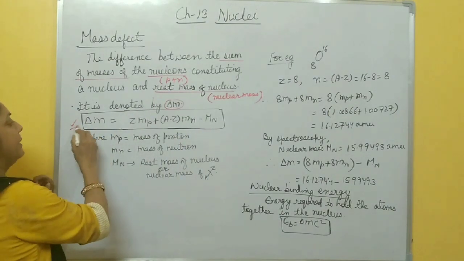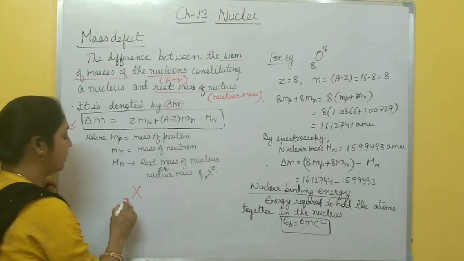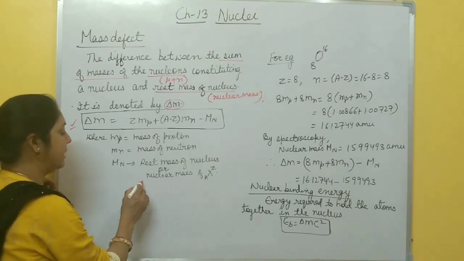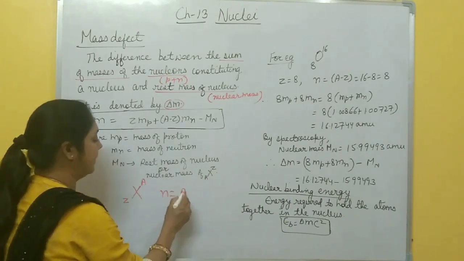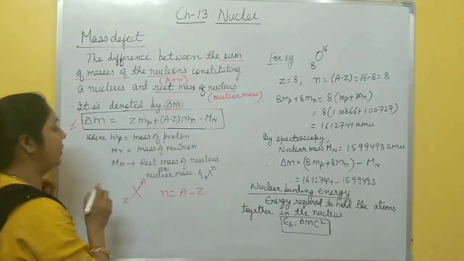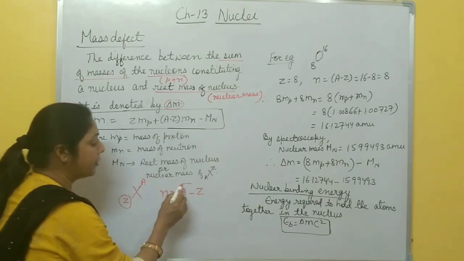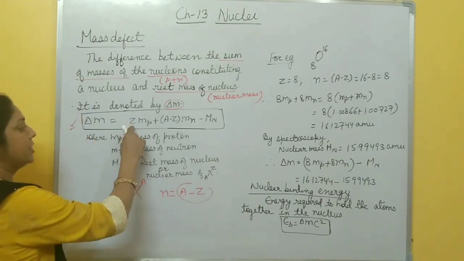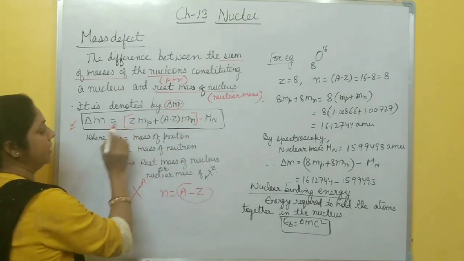So its formula becomes, suppose there is an element X, its proton or atomic number is Z and mass number is A, and the number of neutrons becomes how much? Mass number minus atomic number, A minus Z. Now the total number of protons is Z, and the total number of neutrons is A minus Z. So Z m_p plus (A minus Z) m_n.